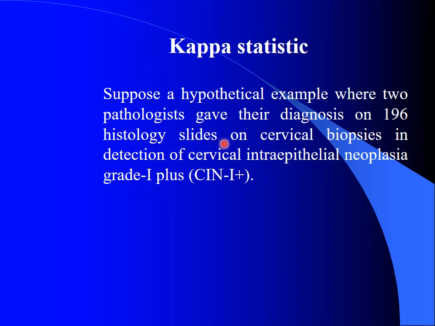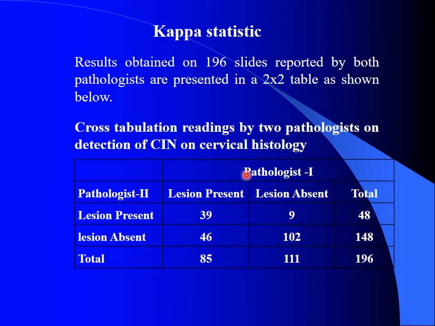We give an example here on cervical biopsies in the detection of precancers, that is cervical intraepithelial neoplasia of grade 1 plus. The example here is a cross tabulation of readings by two pathologists, pathologist one and the readings of the other pathologist on the same group of slides.